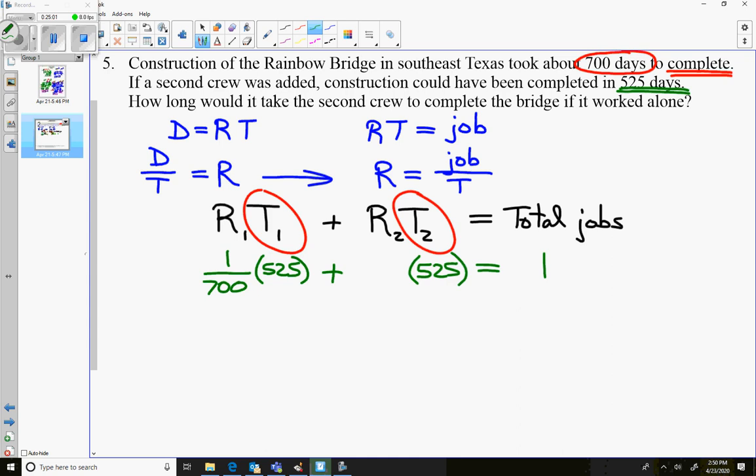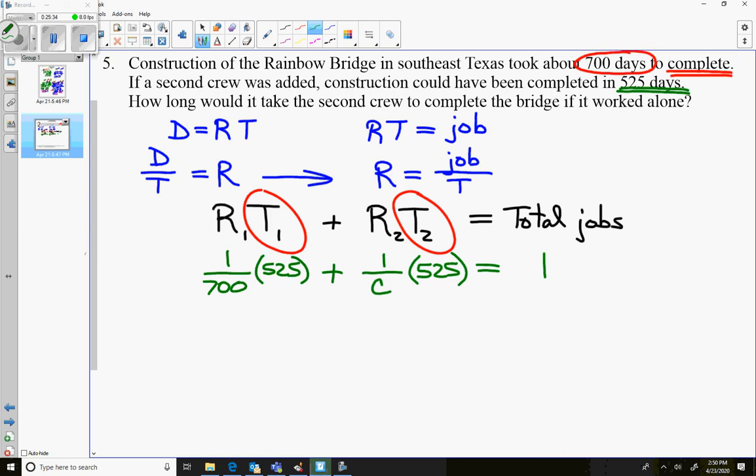What we still don't know is the rate of the second crew. Well, it's going to be one job per unknown. I'm going to put C for crew. Unknown for C amount of time to do that one job. There is our rational equation. That is what we are solving.